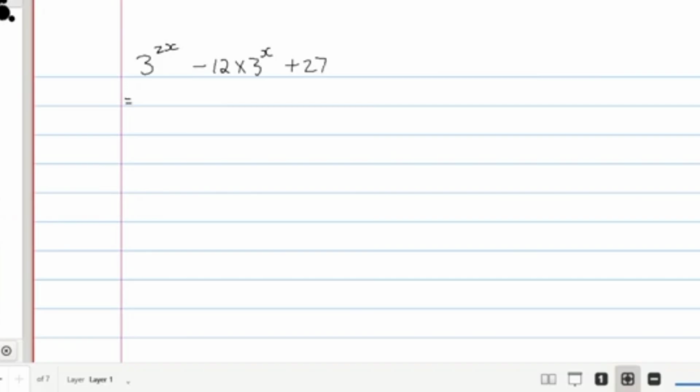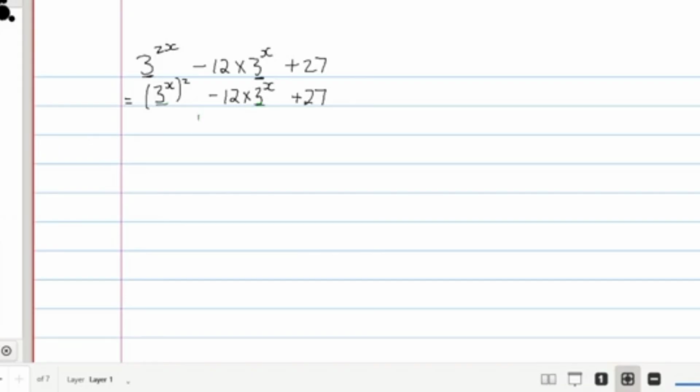So now you are having 3 to the power x and you are having 3 to the power 2x. Now you try to make that 3 to the power 2x in terms of 3 to the power x. So it's 3 to the power x into the power of 2 minus 12 times 3 to the power x plus 27.